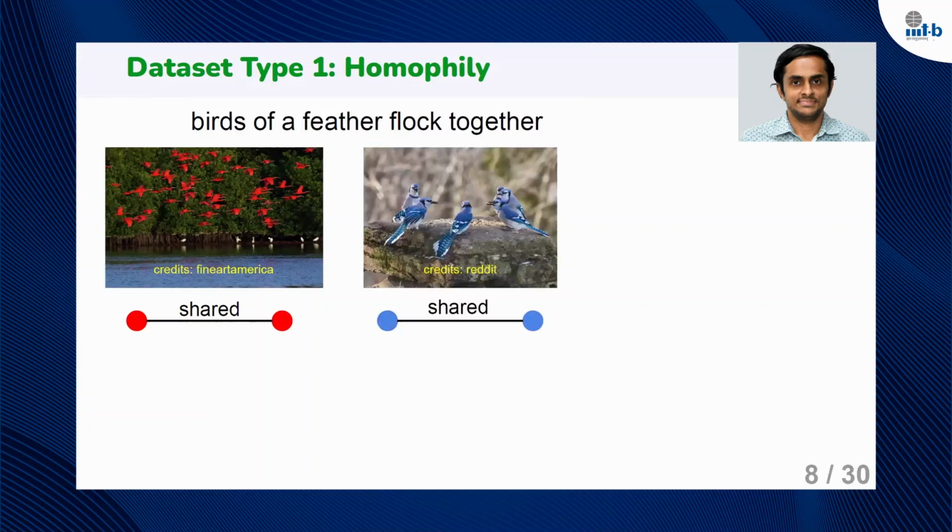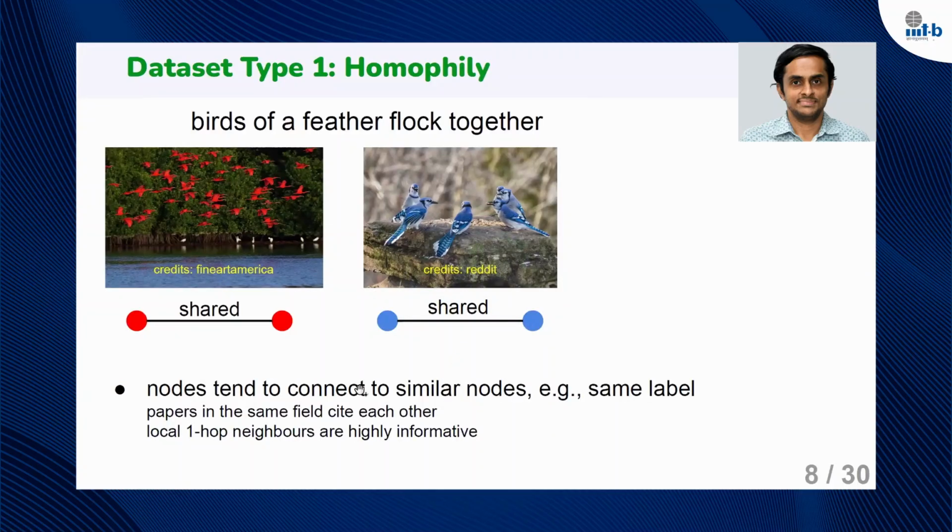And we can have another example like bluebirds. Because they have this shared characteristic, an edge is created between the two nodes. So in homophily, as the name suggests, homo means same, phily means affinity. Affinity for the same is homophily. So nodes tend to connect to similar nodes, for example, the same label.